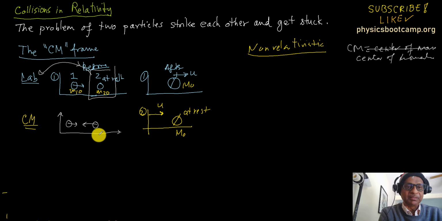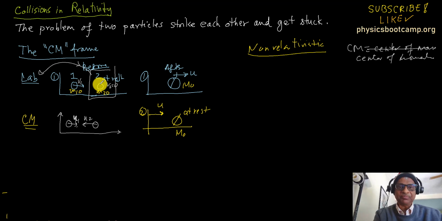Now, momentum conservation means this velocity has to be different from that. In the lab frame we called them v1 and v2 equal to 0, so let's call them u1 and u2 in the center of mass frame.